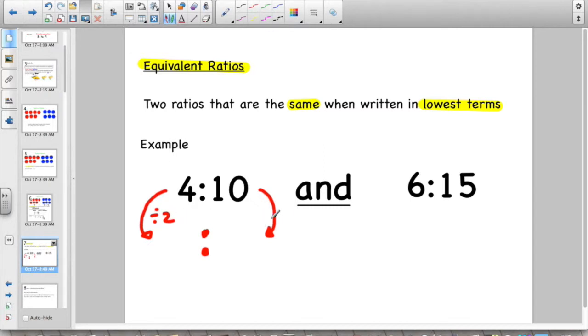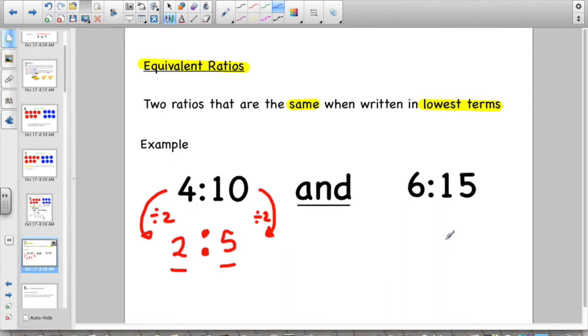Whatever I do to one side, I have to do to the other. So 4 divided by 2 is 2, and 10 divided by 2 is 5. Both of these numbers are prime, so I know that I can stop there; these are in lowest terms.